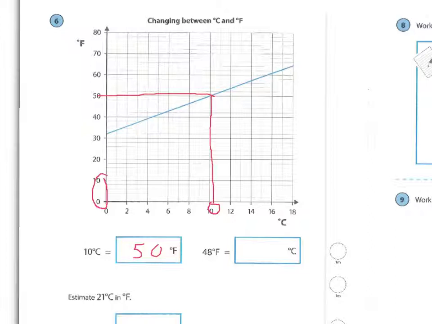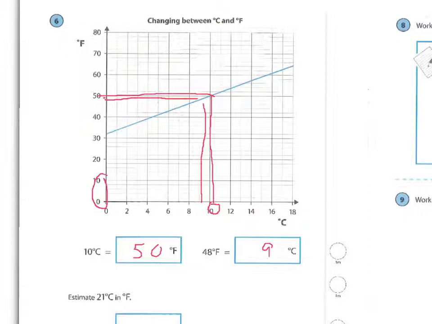So 48 would actually be 4 little squares above 40, which would be around about here. So we would go across to our graph and read down, so it would be 9 degrees C. But obviously you would need to do this with a ruler.